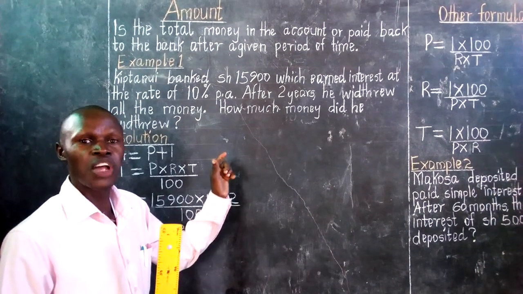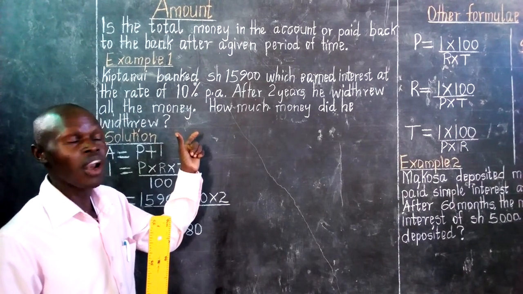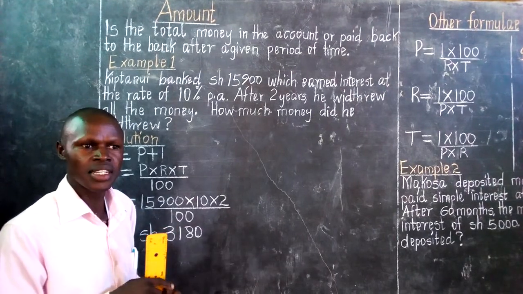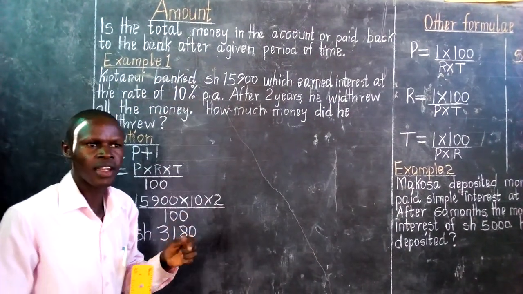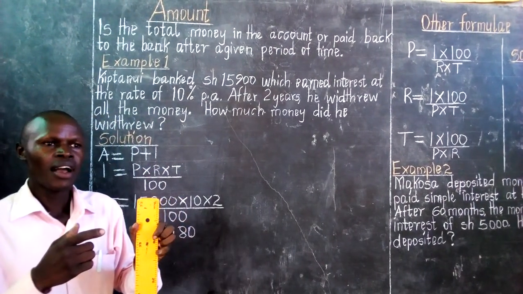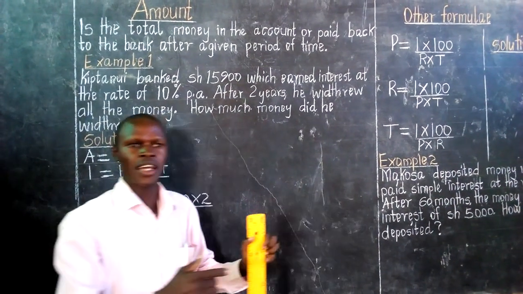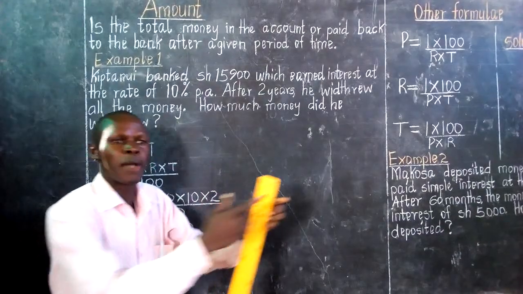We are going to learn about mathematics. It is a continuation of money, and this is what we call an amount. Under simple interest, we need to learn about amount. Now, we said that we can take money to the bank to deposit, or we can be given money by the bank as a loan.